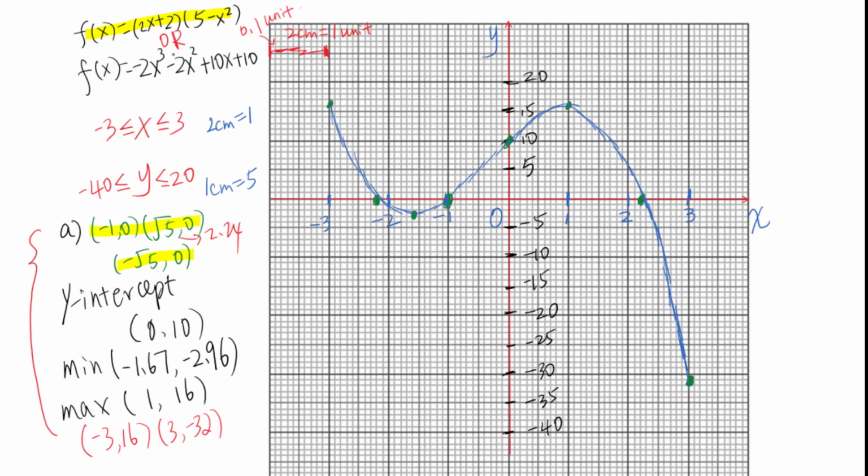Last step, you need to label these key points. This is the graph of f of x you drew.